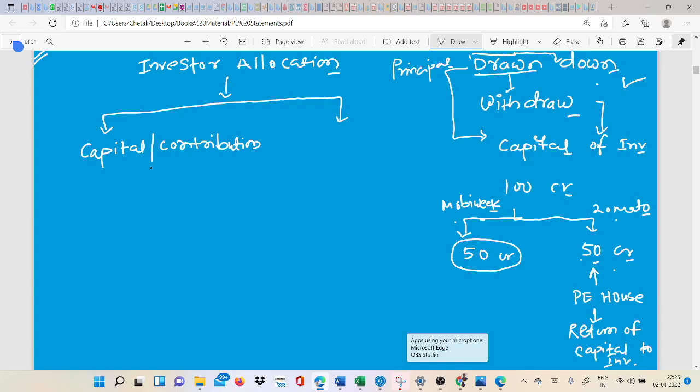Then withdrawal requests on the other side. Then gain, which is capital gain. Okay.